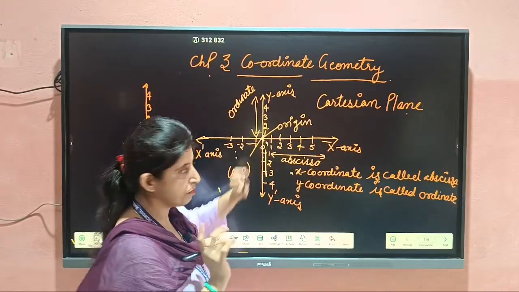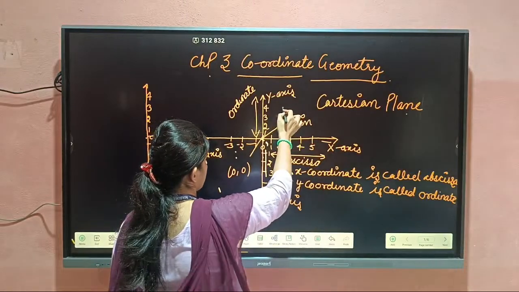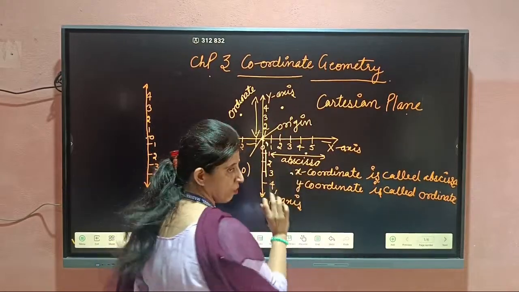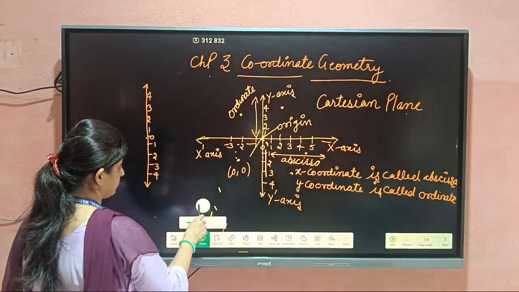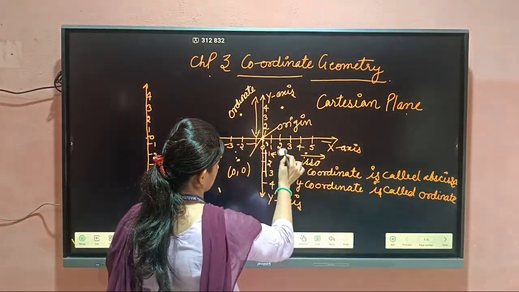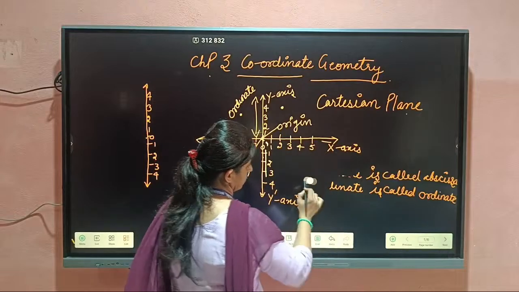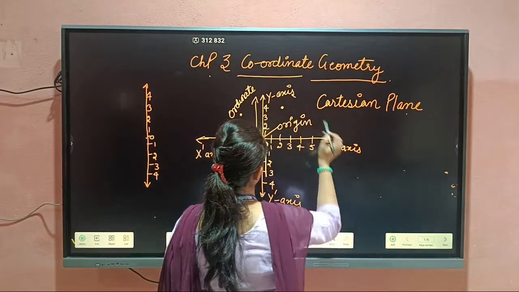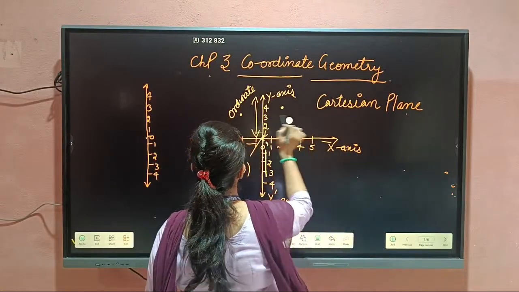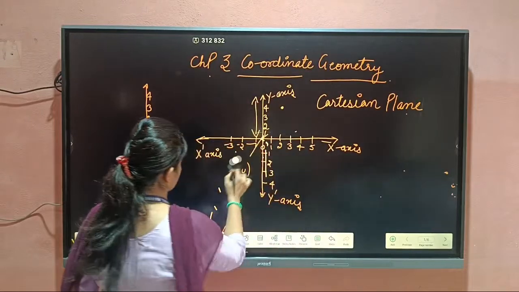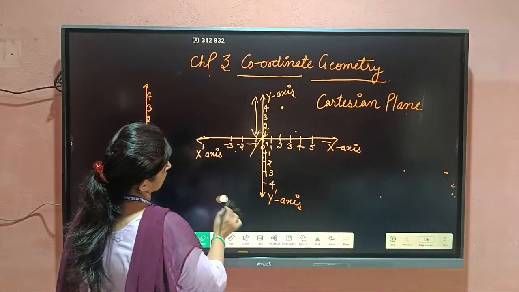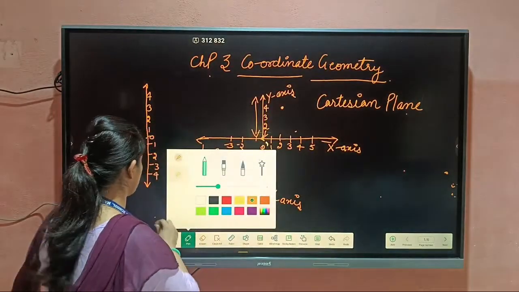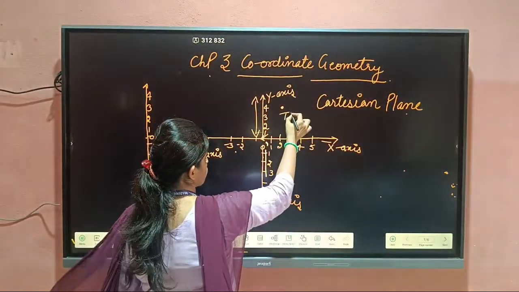Understand? Understand to all? Okay, look here, we are having 4 quadrants, है ना? 1, 2, 3 and 4. Got it? Now look, this is first quadrant.